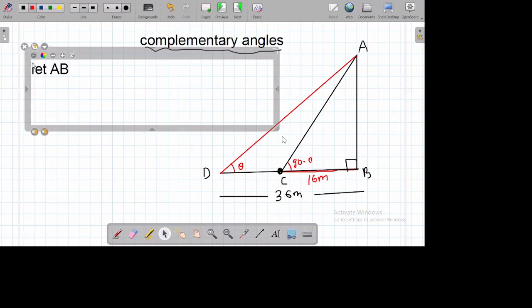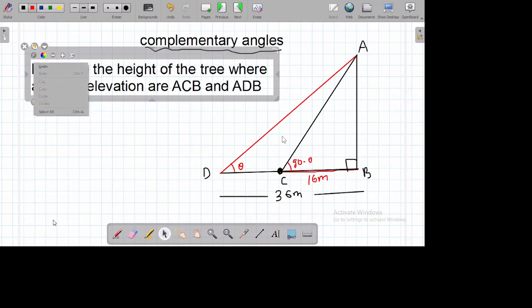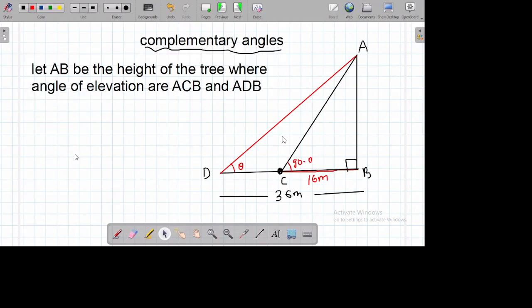Let AB be the height of the tree, where the angles of elevation are ACB and ADB.